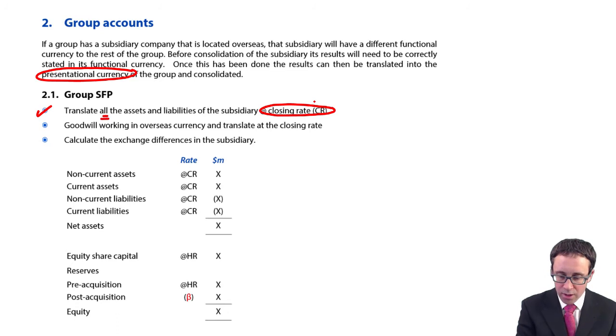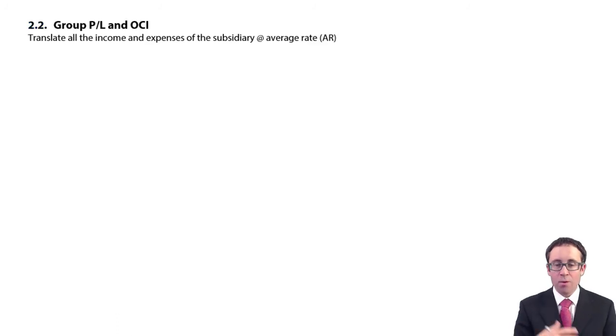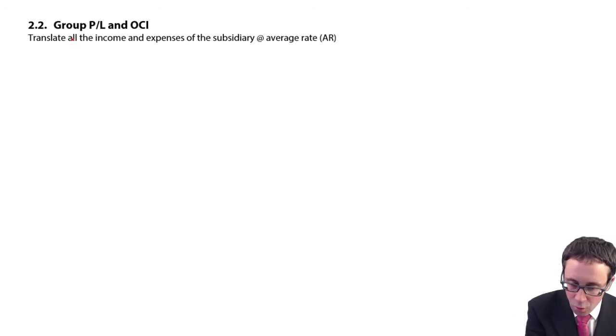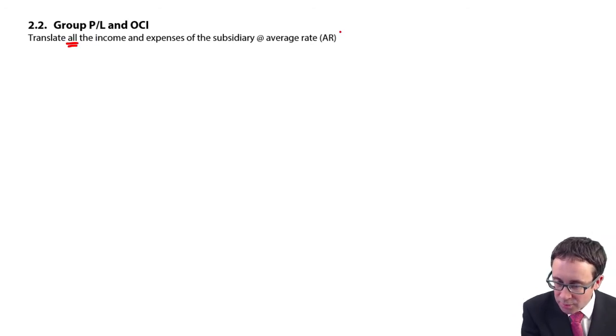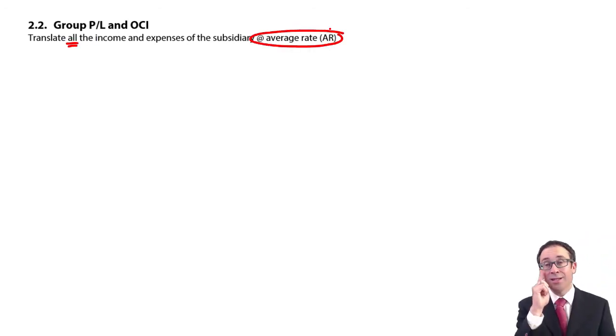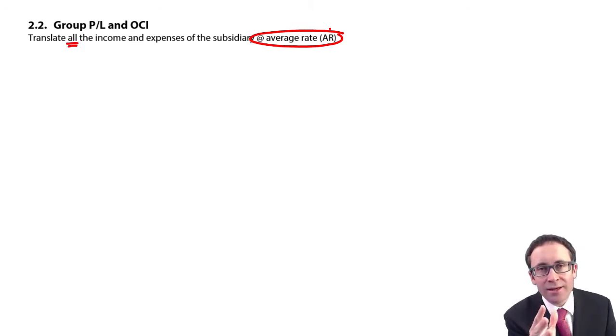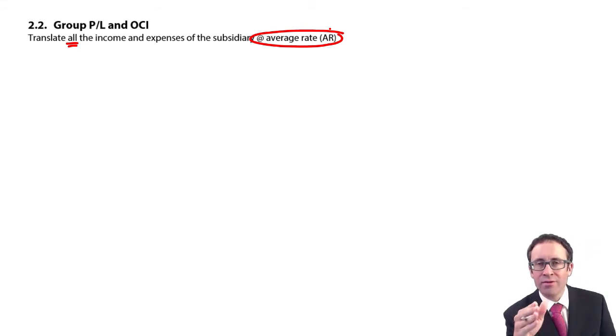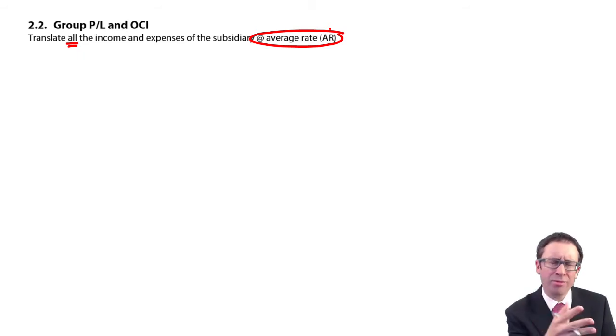With regards to the statement of profit or loss and other comprehensive income, all the income and all the expenses are translated at the average rate. Technically, they're all translated at the historic rate, so each individual entry for revenue and for costs would be translated at the historic rate.